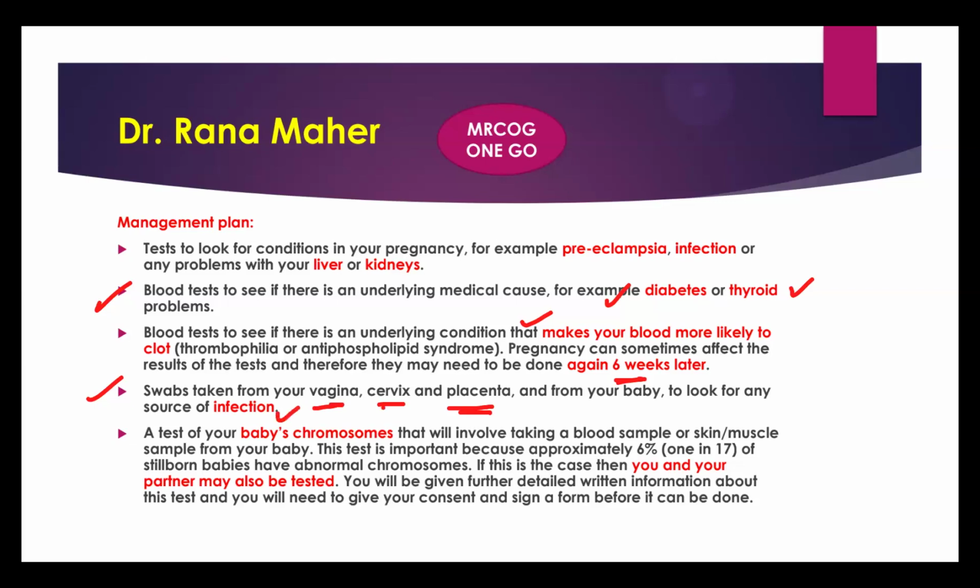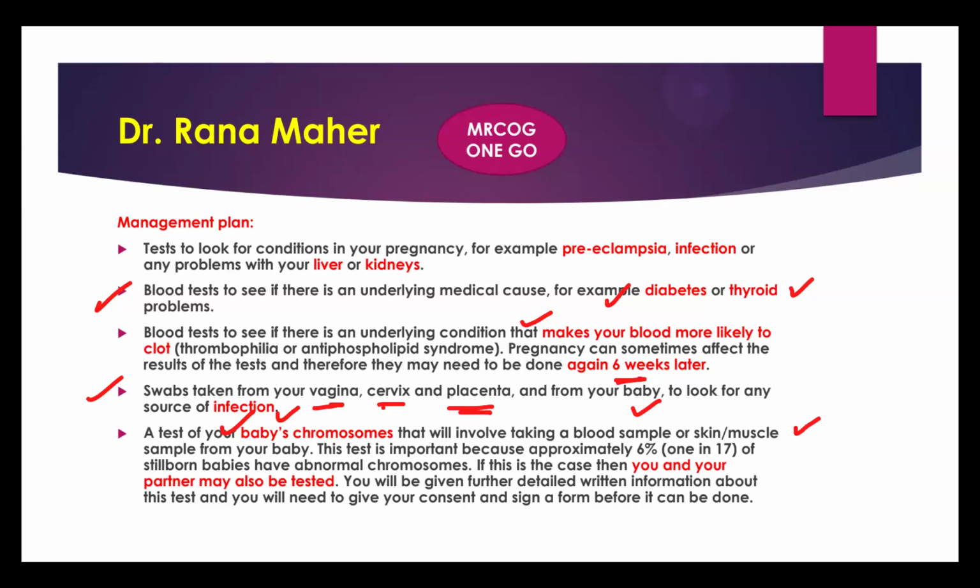The baby's chromosomes are like tiny structures inside our cells. Some cases of intrauterine fetal death, or the death of the baby before birth, can happen due to abnormality in these chromosomes. So we need to check, but we need your consent before that. We can take a blood sample, skin, or muscle samples from the baby to see if we have any chromosomal abnormalities.